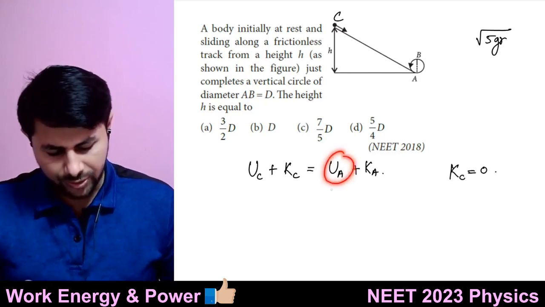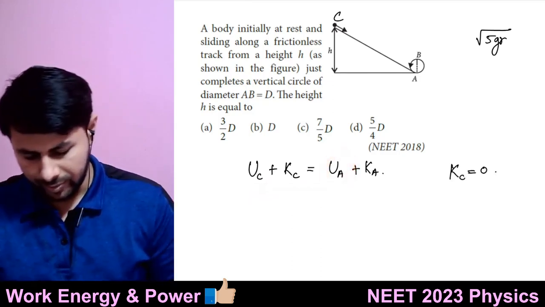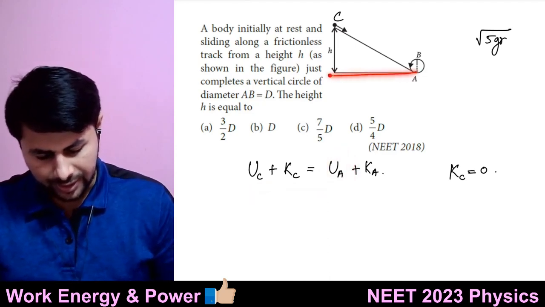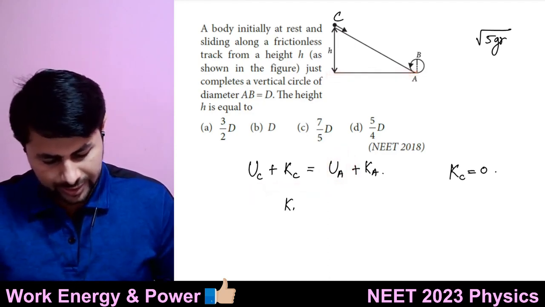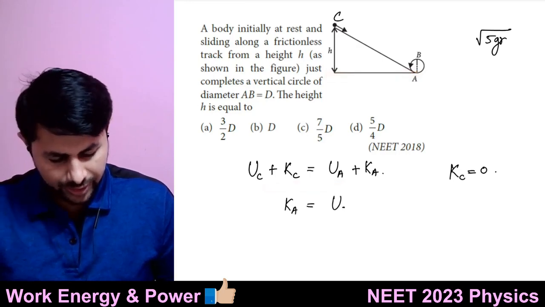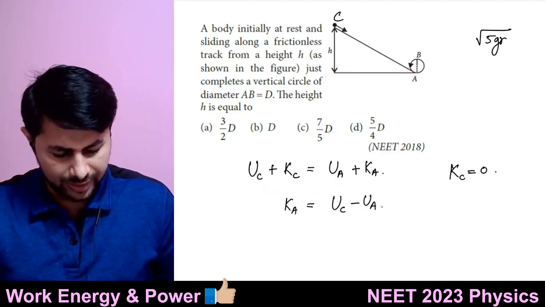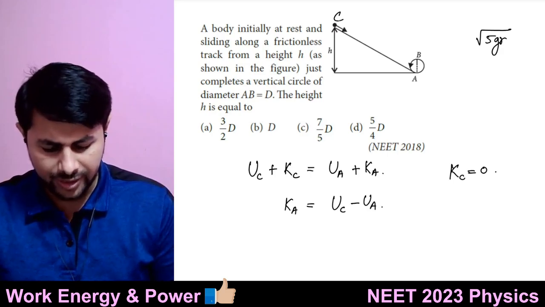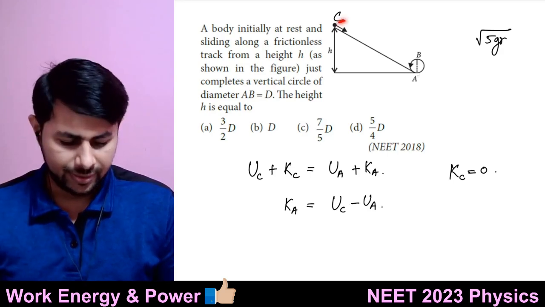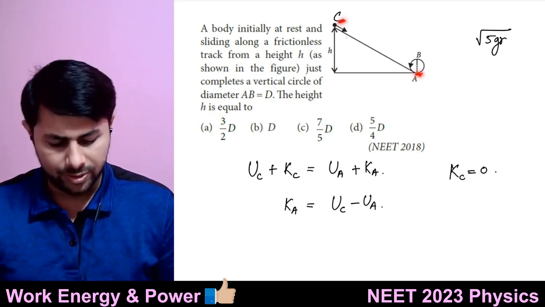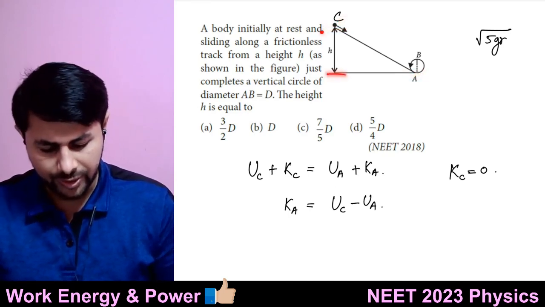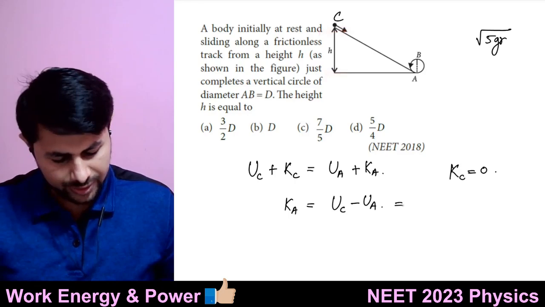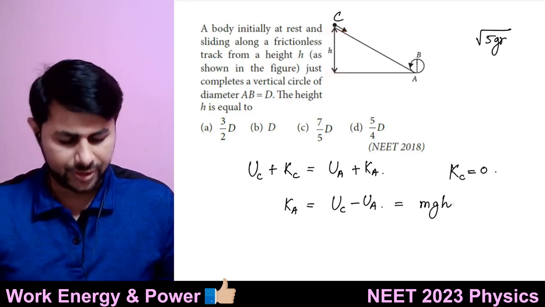Then kinetic energy at A is U at C minus U at A, which is mg times the height difference between these two points, which is h. So this is equal to mgh.